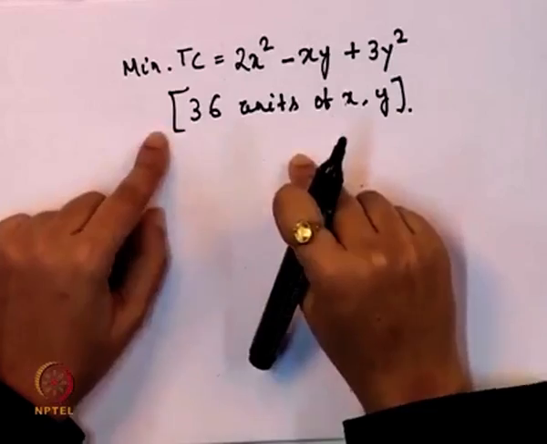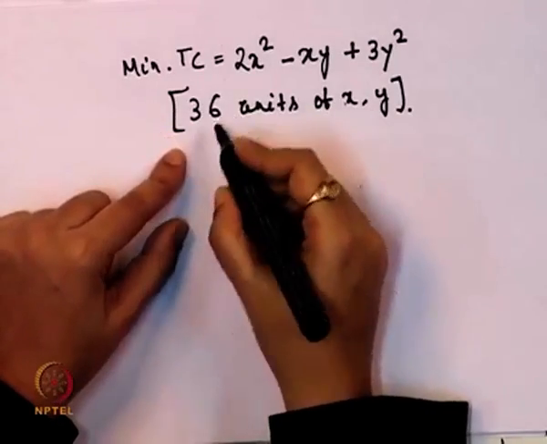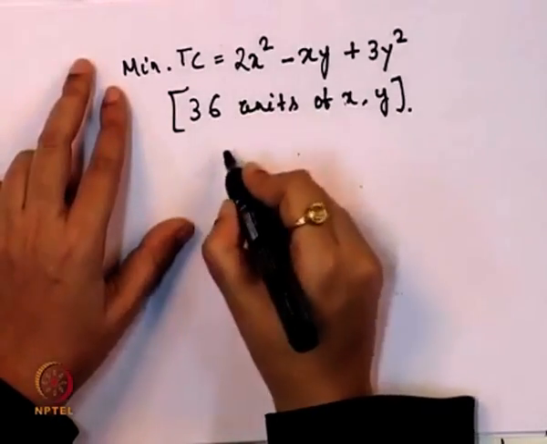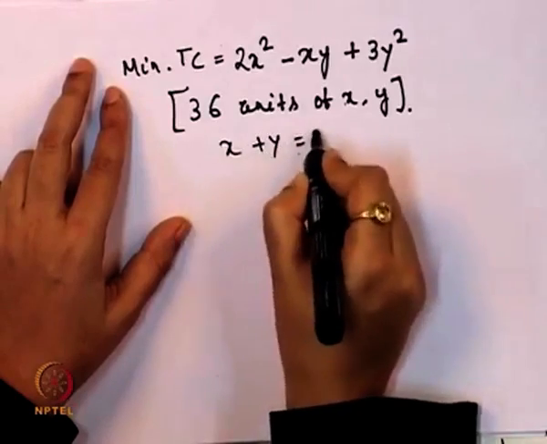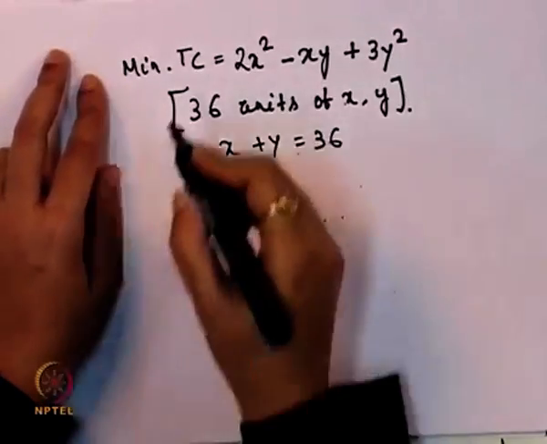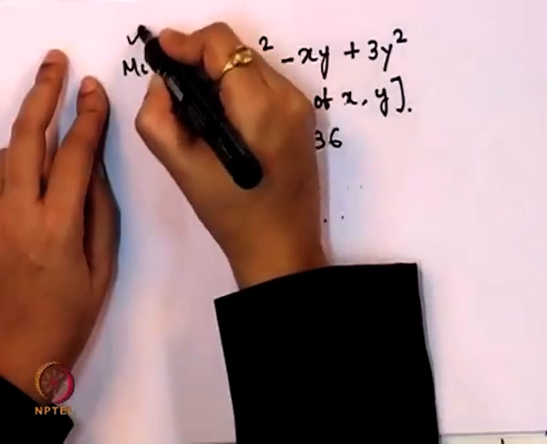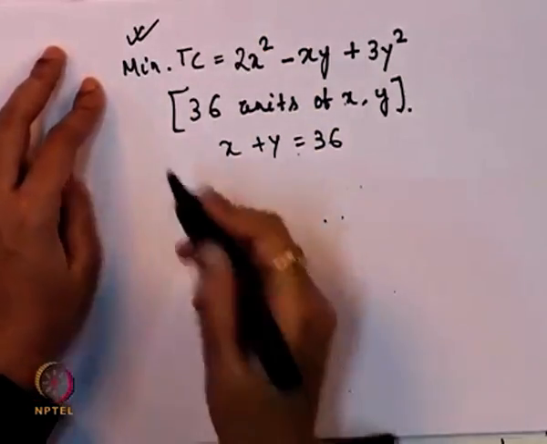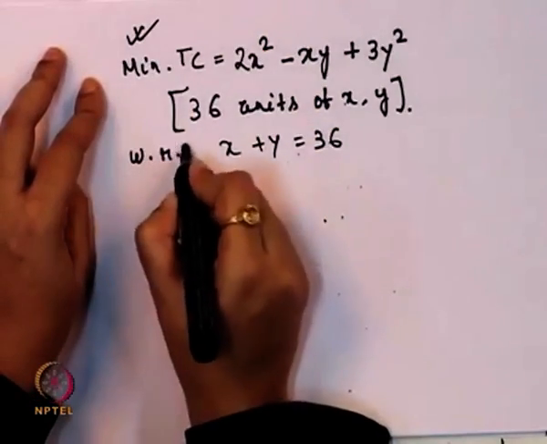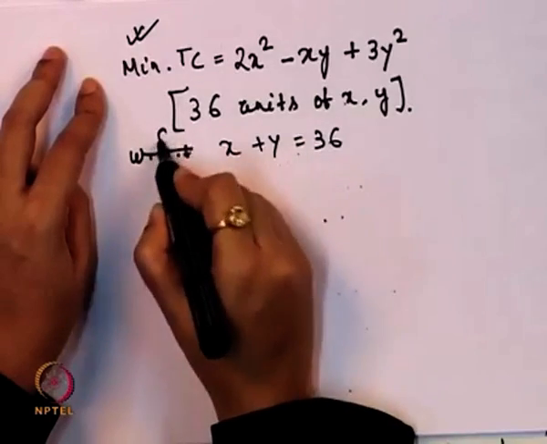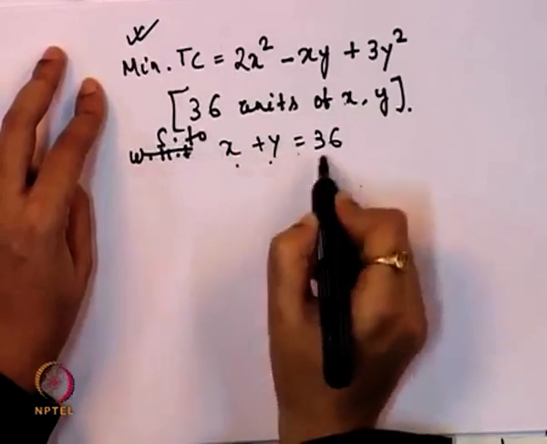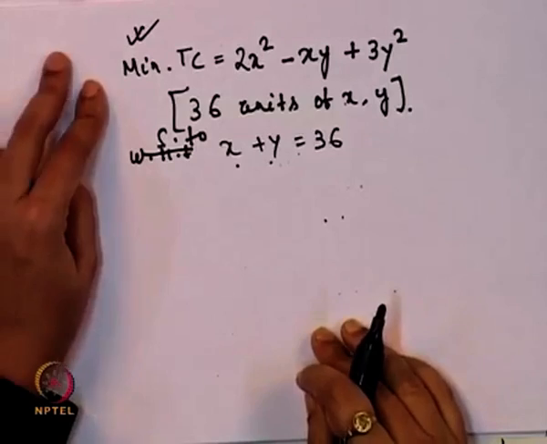So in this case, what should be the constraint? Again, if you look, x plus y is equal to 36. So the optimization problem is to minimize the total cost subject to x plus y equal to 36.